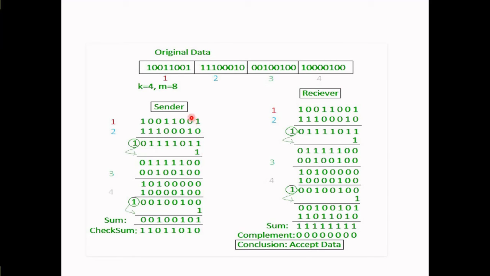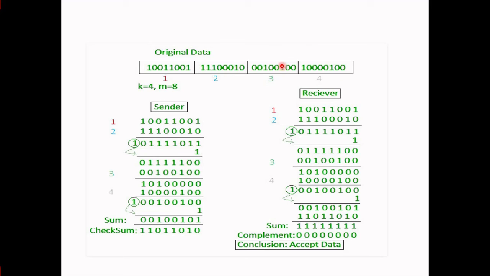We get 1 0 1 0 1 1 0 0 0, and the last bits 1 plus 1 is 0 carry 1. So now add this carry over here. So we get 1 1 0 1 plus 1 is 0 carry 1. So 1 plus 1 is 0 carry 1. So this is the same, 1 1 1 1 and 0.